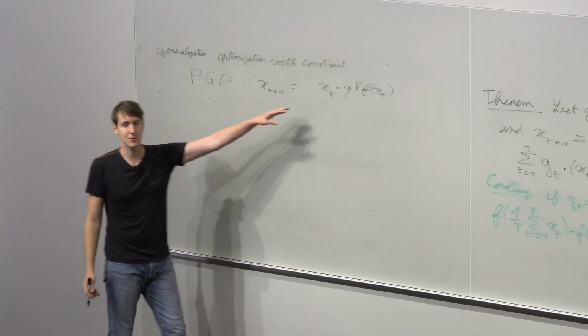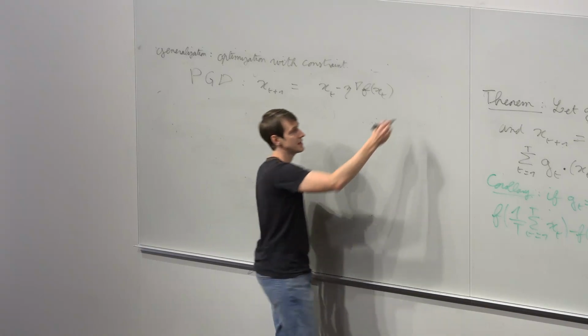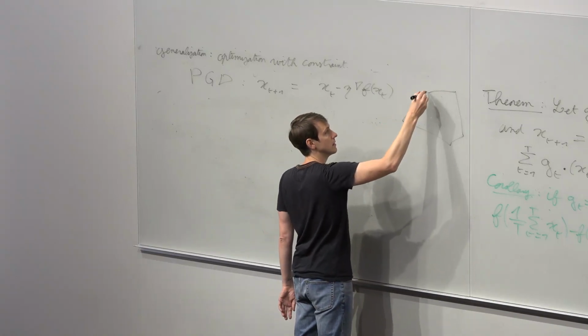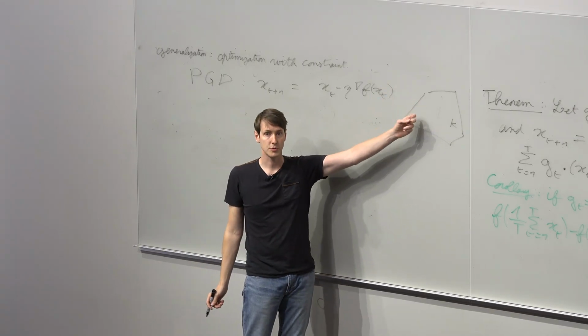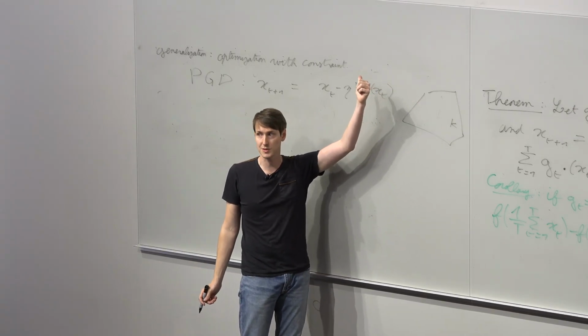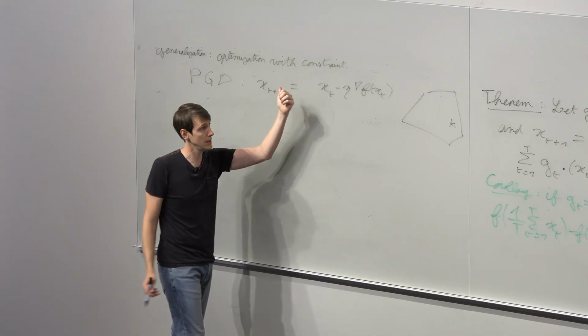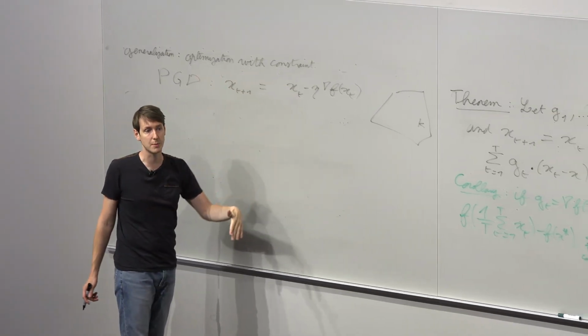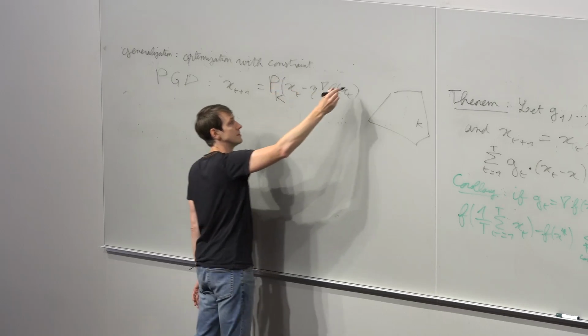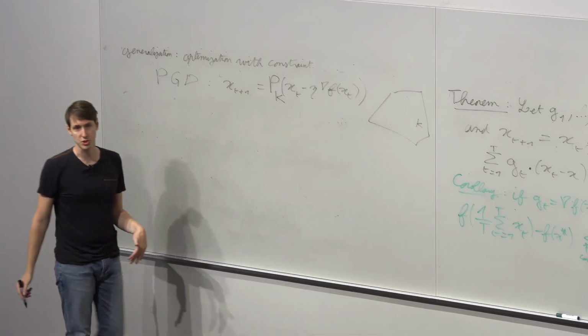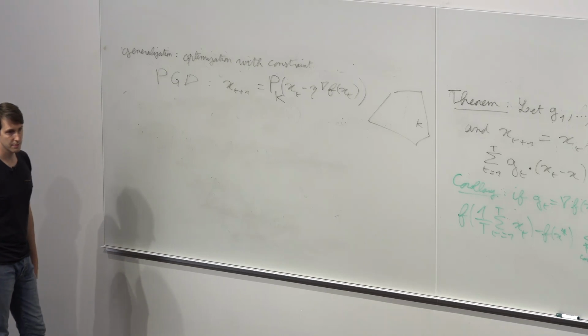But this point might be outside of my constraints. I have some set K, and I want to optimize f subject to this constraint. So when I do the gradient step, maybe I step outside of this constraint. The only thing I'm going to do is project back, with PK of this, where PK is just the Euclidean projection onto this set.